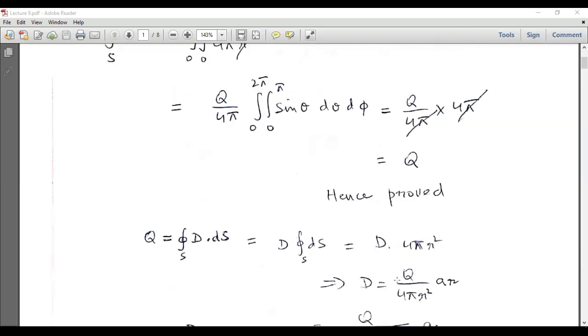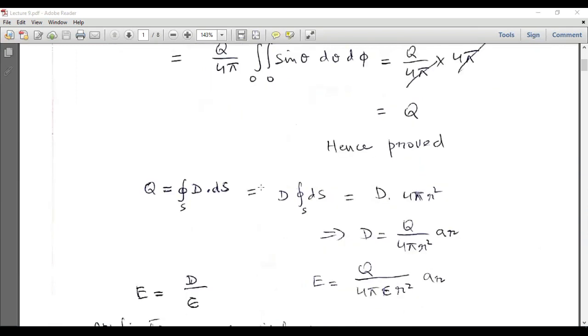Similarly, if we want to derive the expression for electric field intensity and electric flux density, then we must use Gauss's law, and Q is equal to D dot dS.